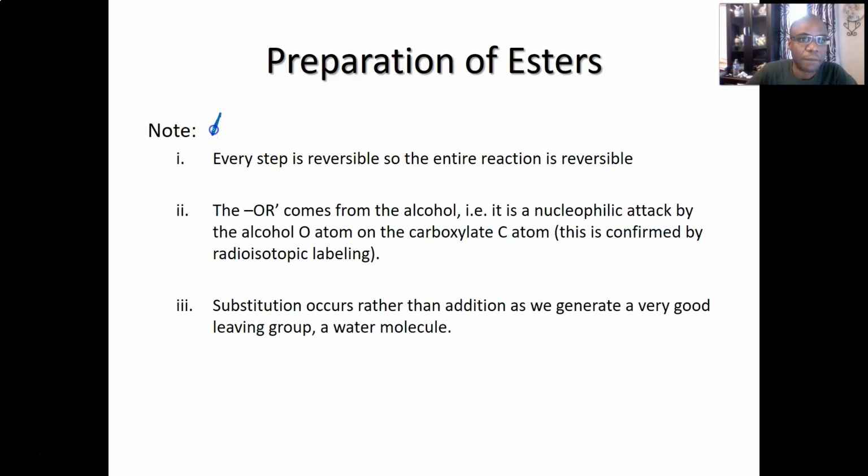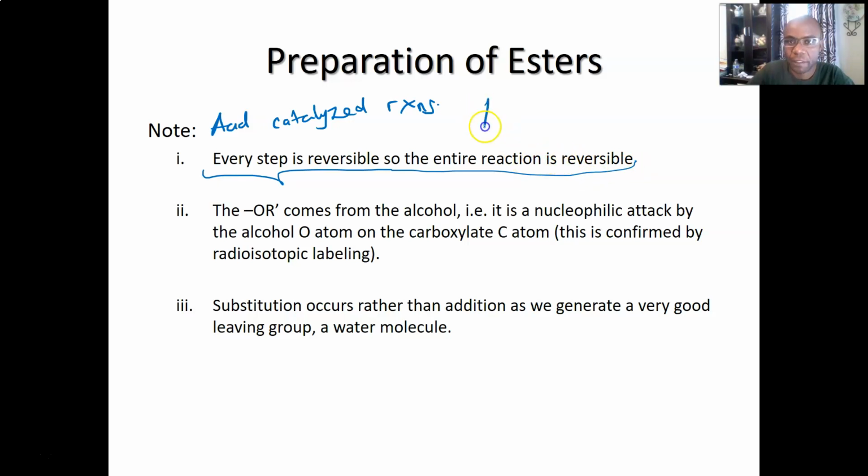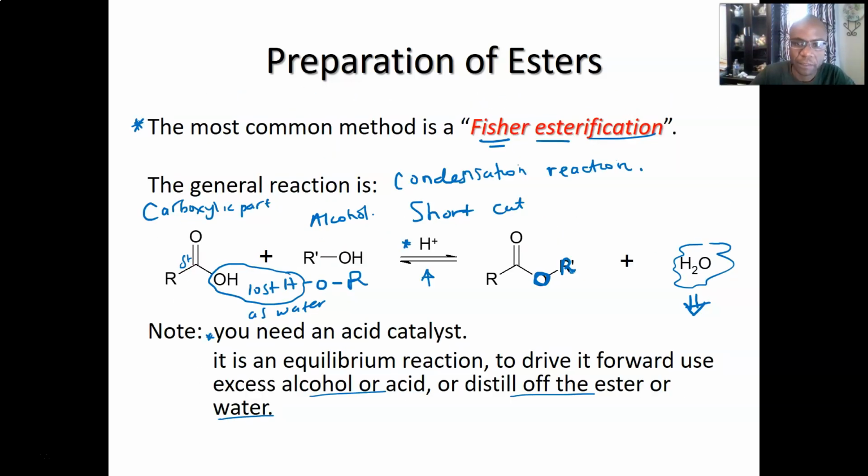Now, whenever you do acid catalyzed reactions, every step in the mechanism is reversible. So the entire reaction is reversible, unless, of course, you apply Le Chatelier's principle in your setup, where you keep on taking out all the products as they are formed, or one of the products like water as it's formed in esterification, as explained here.